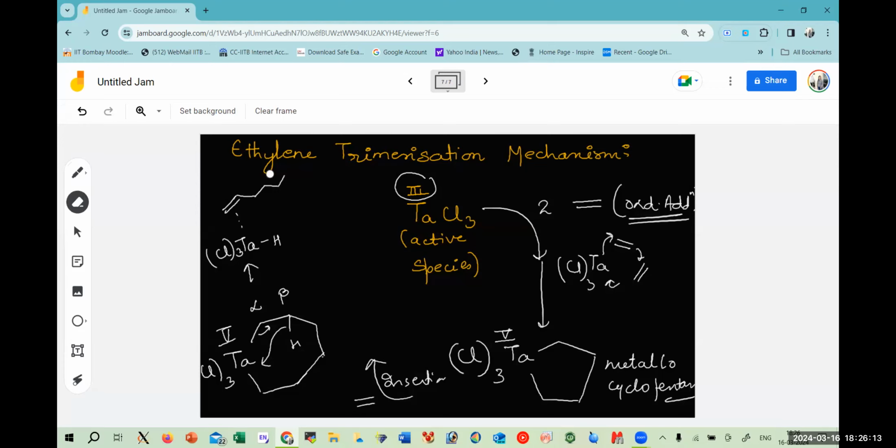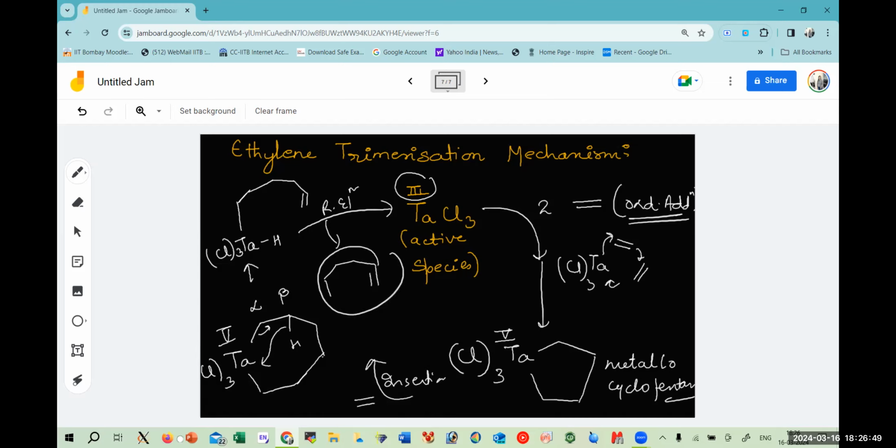So only one side is open. Now this is CH2, this is hydride. And once reductive elimination happens, we end up with this particular 1-hexene, and it will regenerate your active species. I hope this has been clear.